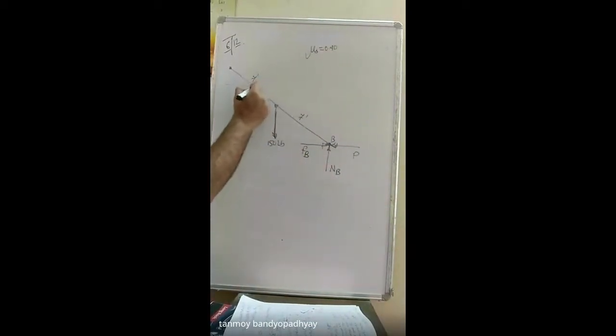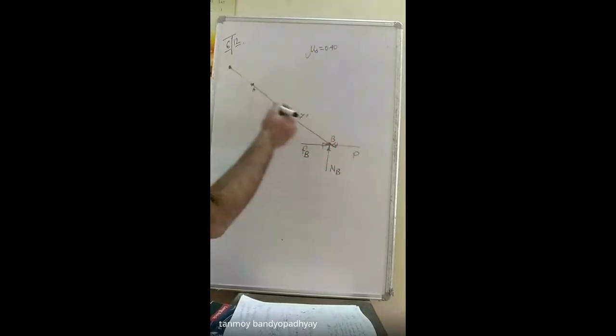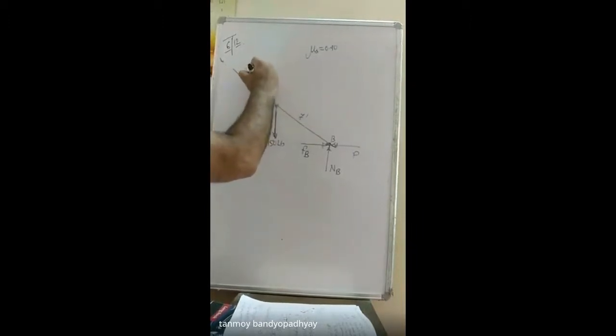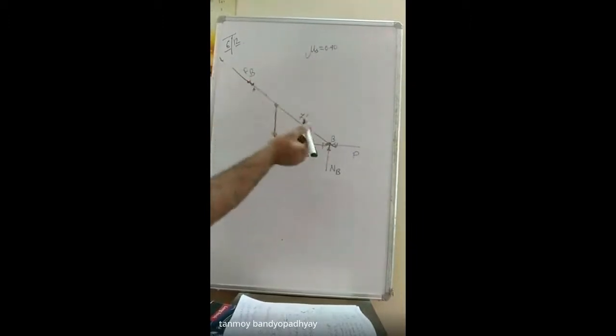Coming to point A, since I am pushing it, this is the direction of impending motion. It will slide along this line itself, so the frictional force will be directed along the rod itself, or the pole itself.